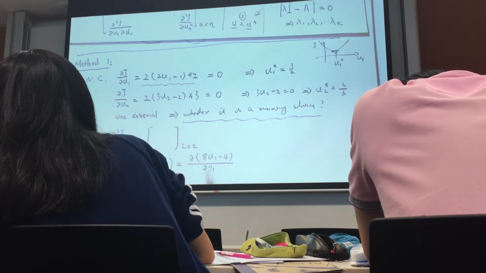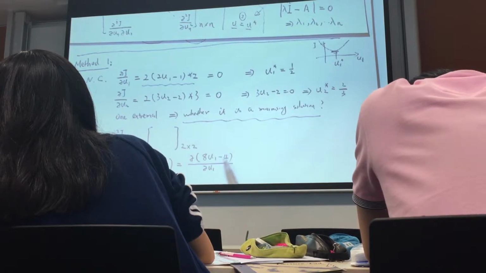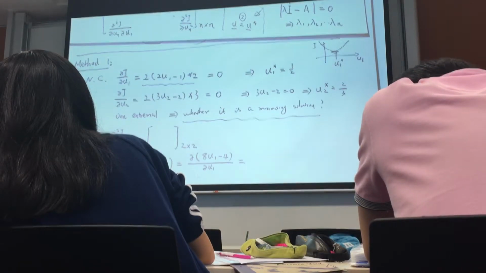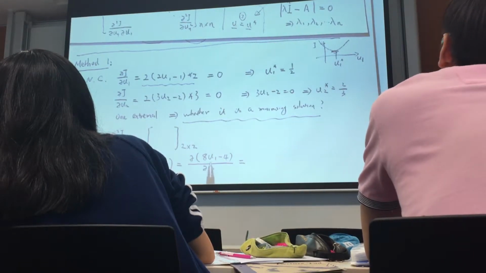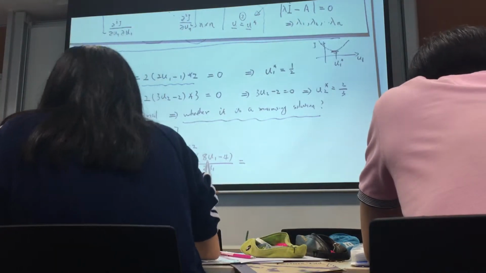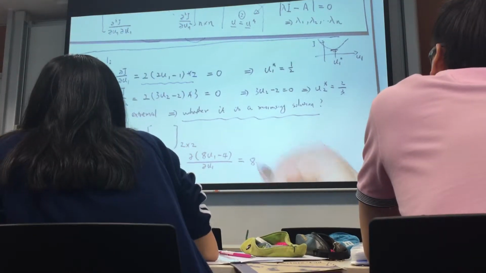By evaluating this one, the 4 is a constant, so this will give you a 0. So this will be given by this 8. So this is equal to 8.